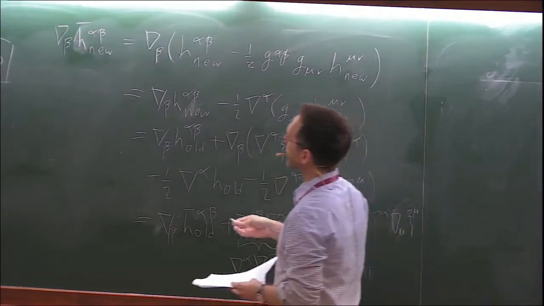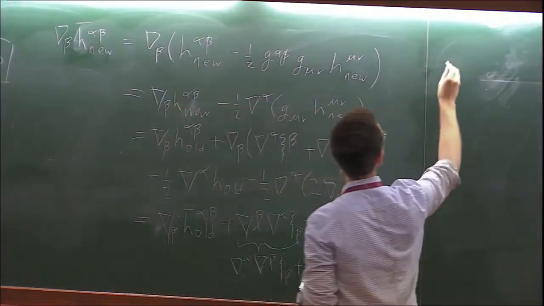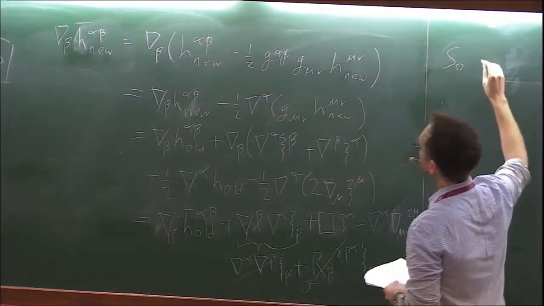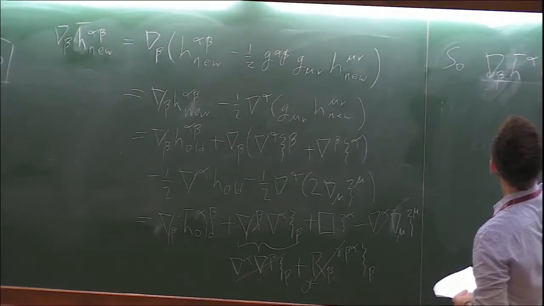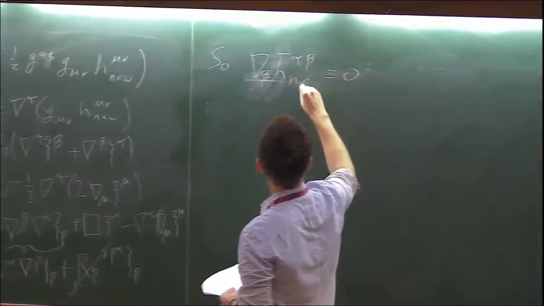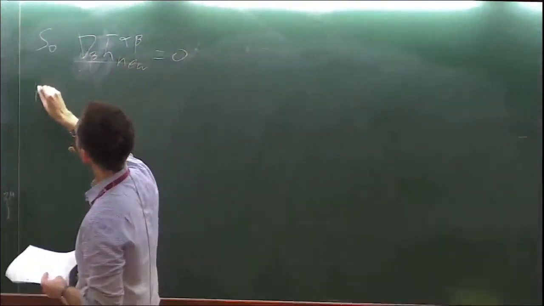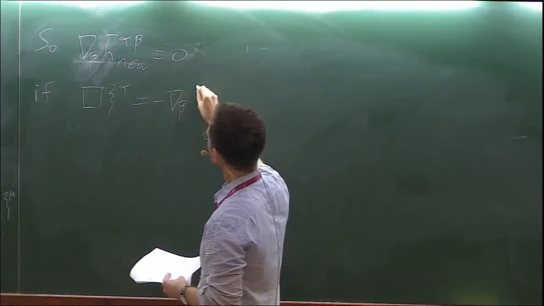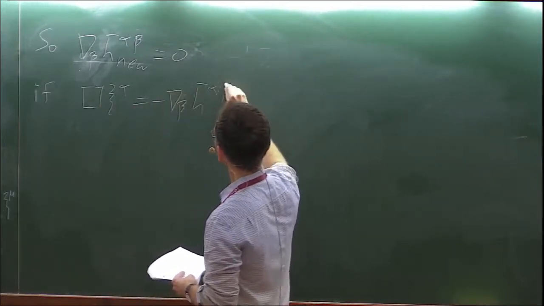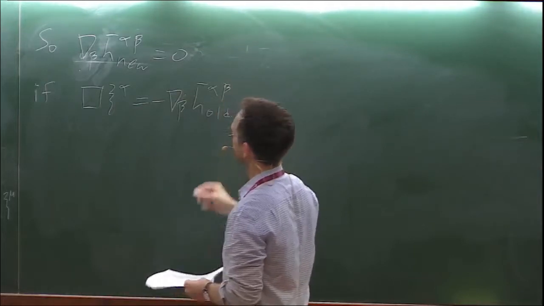So we want this whole thing to equal 0. So this equals 0 if the box of xi alpha is equal to minus the divergence of h bar alpha beta old.